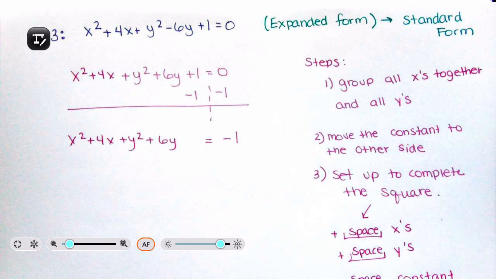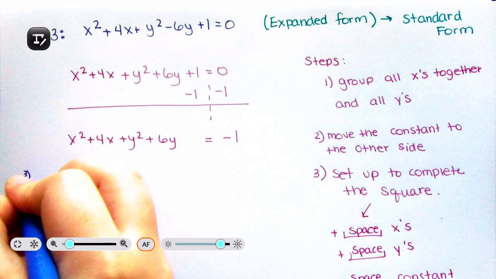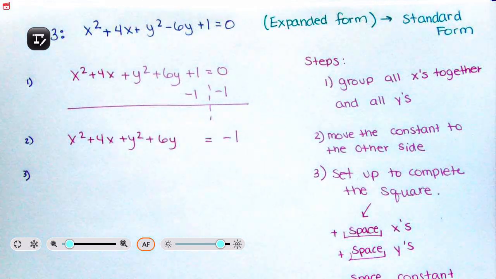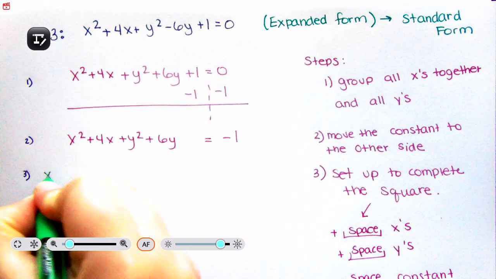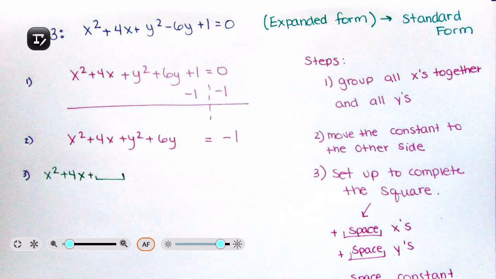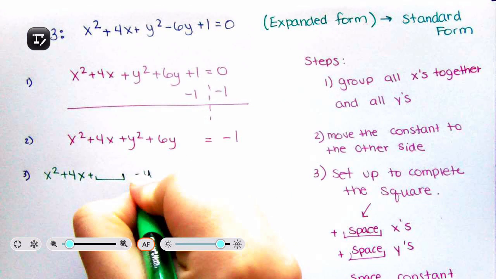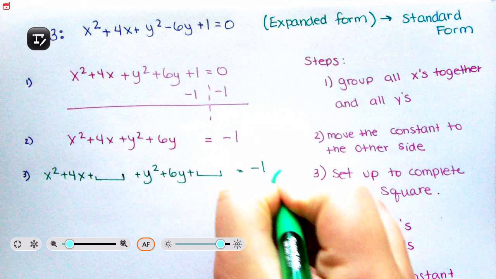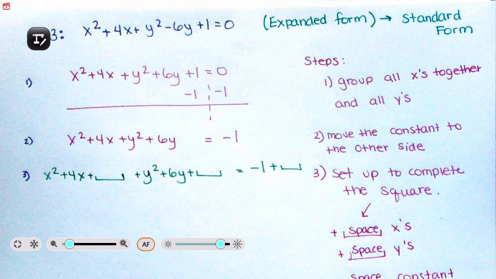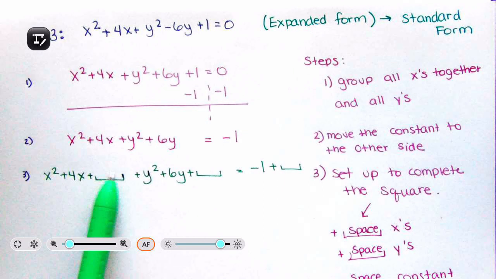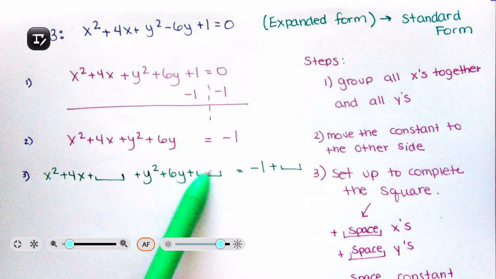So this is step 3, this was step 2, this is step 1. So for step 3, here's my x's, here's my space, here's my y's, here's my space, here's my constant, here's my space. Now, for your constant, notice how we had one here and we had one here.